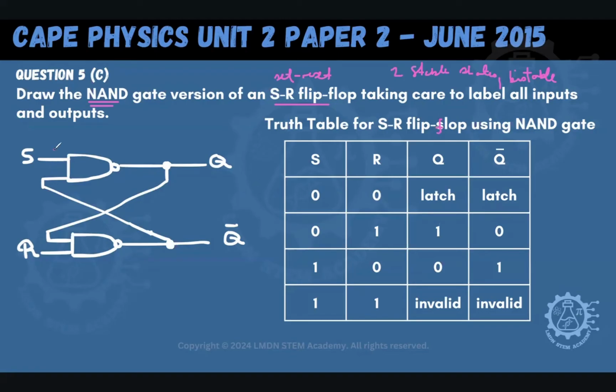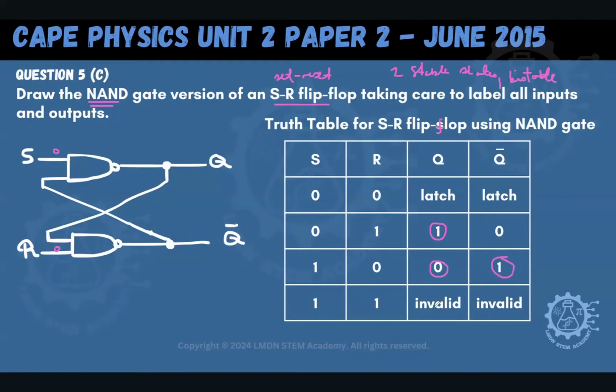When this is 0 and this is 0, we're in what we call a latch state. So the flip-flop will latch on to whatever the previous value was. And then 0, 1 would be 1, 0, right? That's when we have this state here. And then 1, 0 is 0 for the Q output, and then 1 for the Q bar.